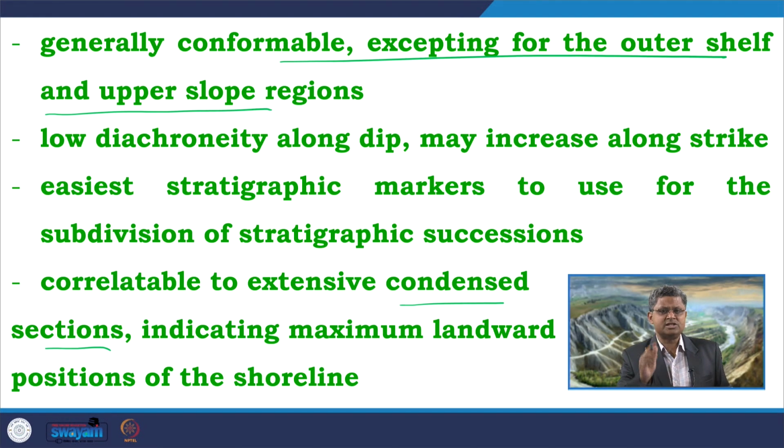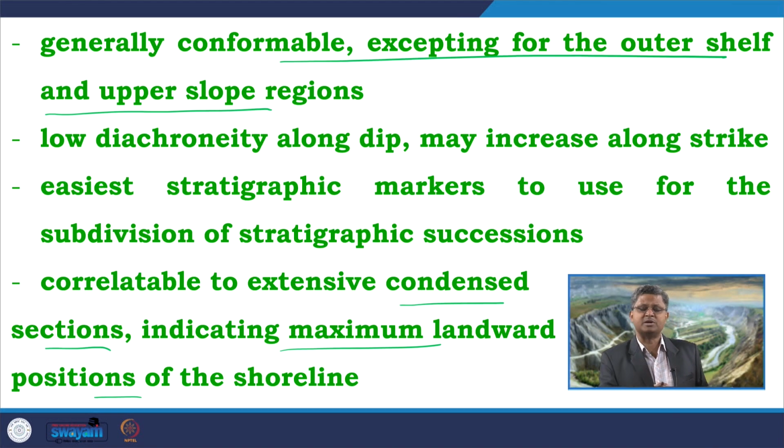That condensed section, which is a characteristic of the transgressive package in the shelf area, also indicates the maximum landward position of the shoreline. So, we can correlate this condensed section with the maximum flooding surface. The maximum flooding surface forms on top of the onlapping packages, and that can be correlated with the condensed sections forming in other parts of the basin, for example, in the shelf area.